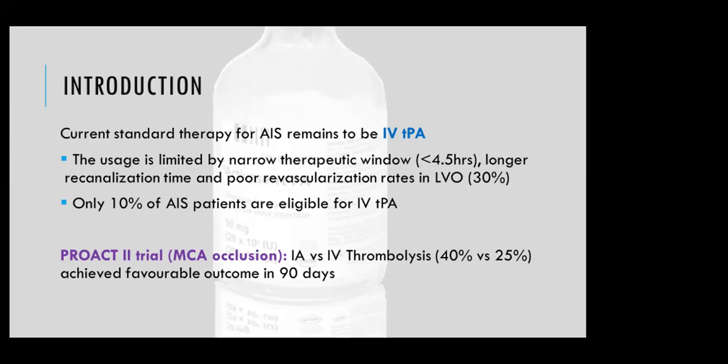That's why most of the time when a stroke alert is activated, not all of them are eligible for IVT. In one of the trials, the PROACT 2 trial, looking into MCA occlusion, which is Prolyse in Acute Cerebral Thromboembolism 2, this trial looked into intra-arterial versus intravenous thrombolysis.